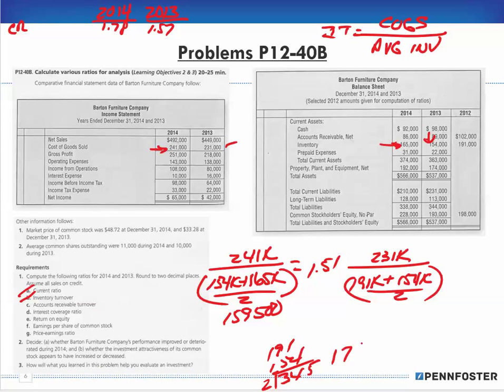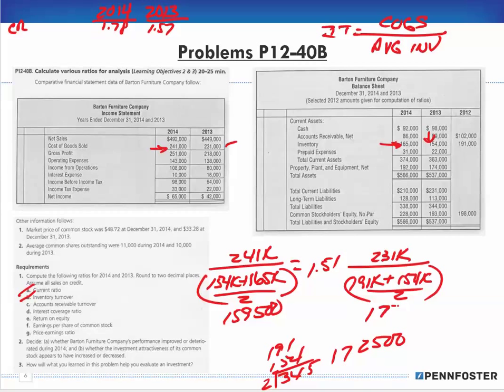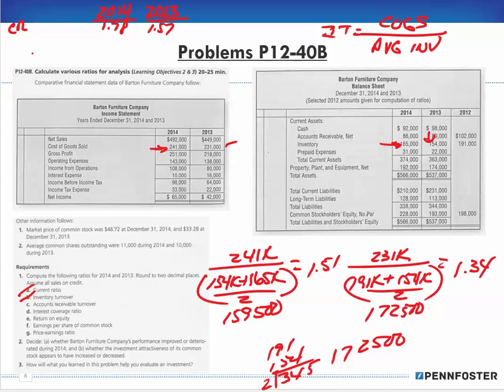That's 172,500. Divide 231 by 172.5, and I get 1.34. So inventory turnover is 1.51 and 1.34. Let me pause the video because I'm going to erase it.